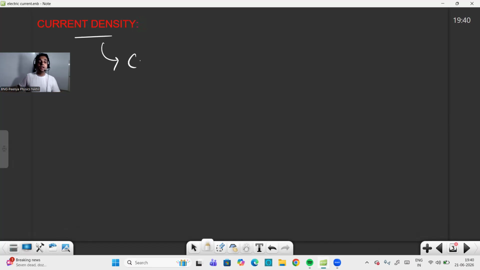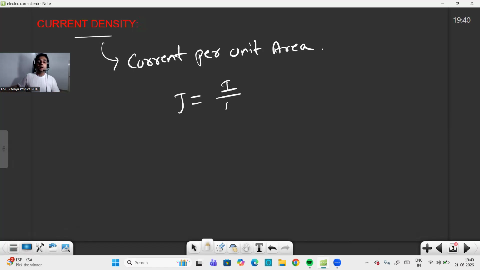It means J equals I by A. And its direction at any point is the direction of current at that point. Because direction is involved, it is a vector quantity.